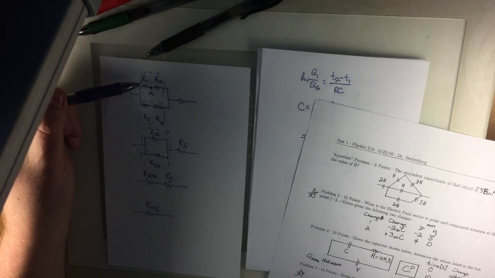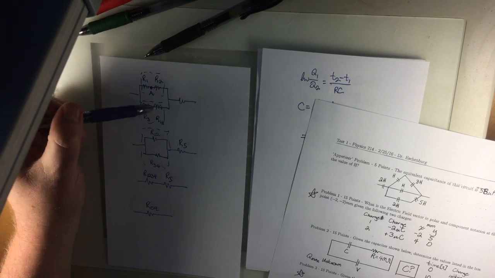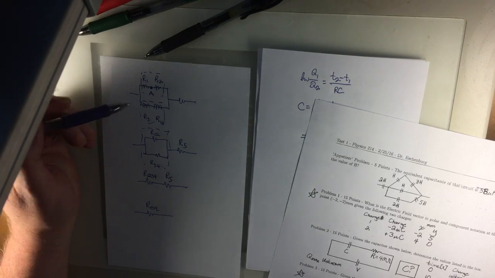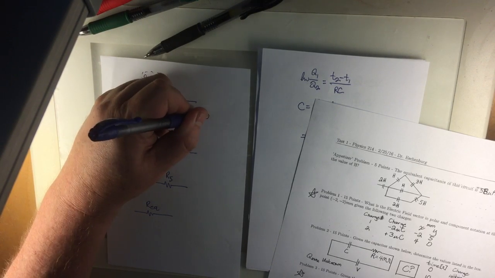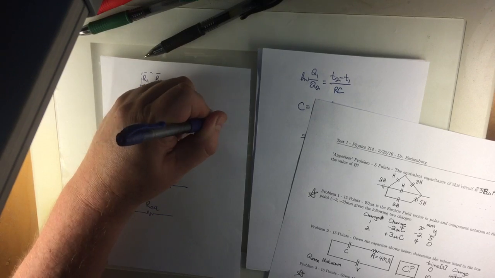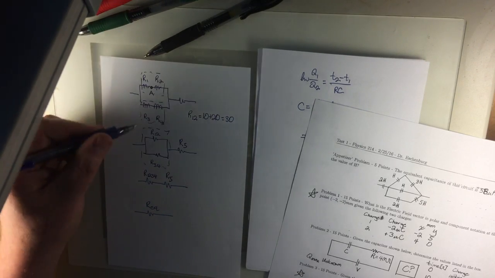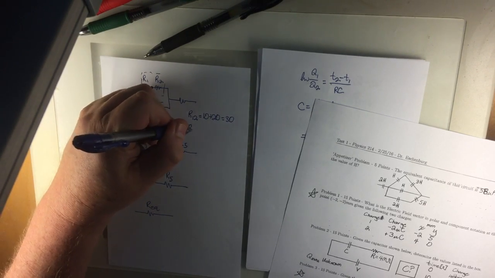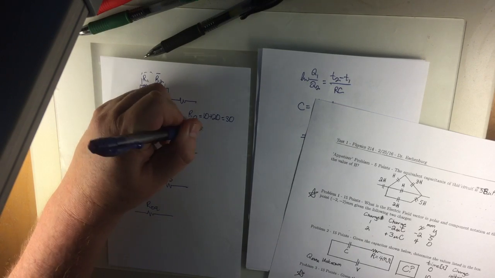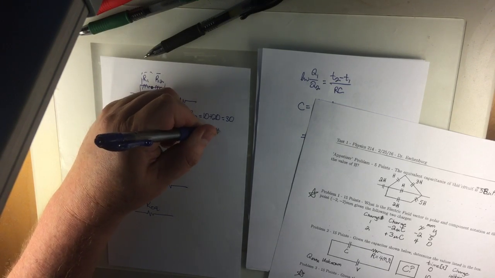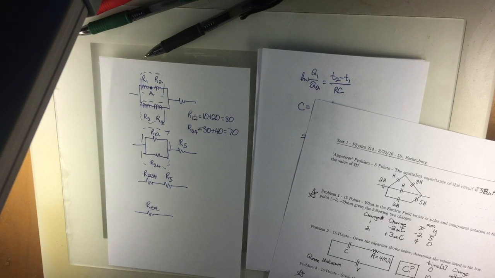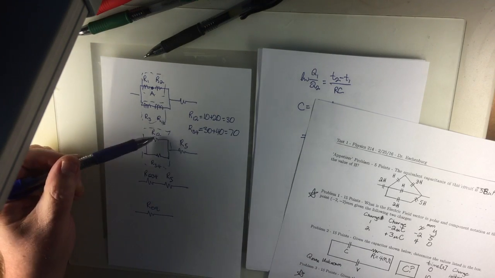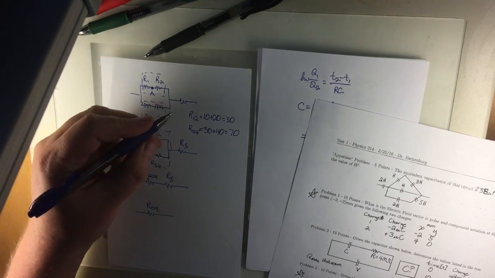What do we do in the first? We have two sets of series resistors. All you got to do is add them. So R12 is 10 plus 20 or 30. R34 is 30 plus 40 or 70. So that's R12 and R34. The next task, they're in parallel, you squish them together.